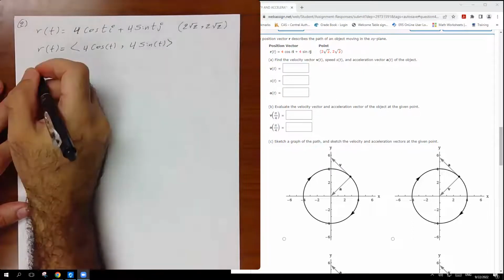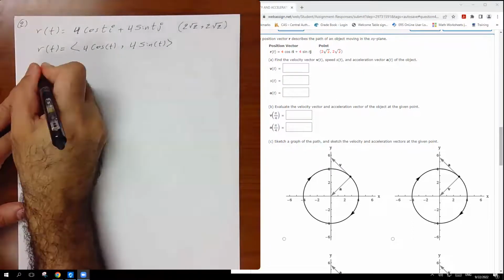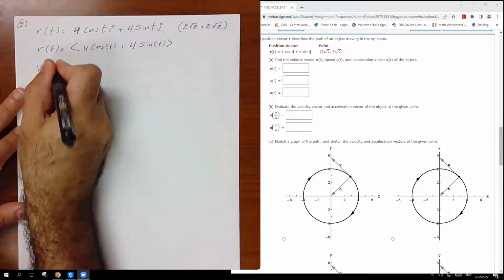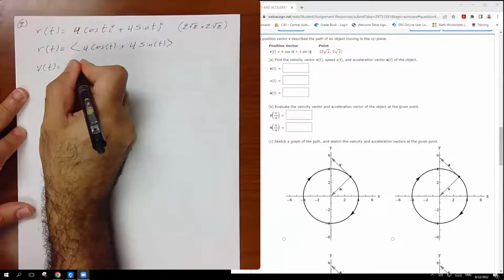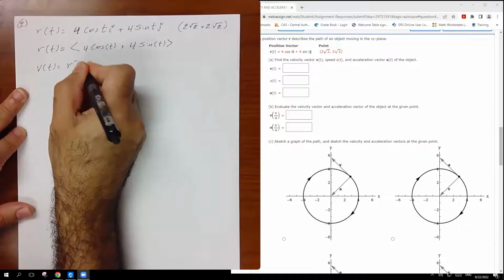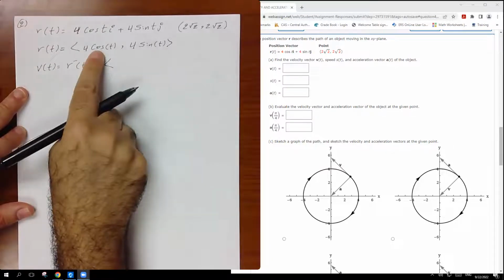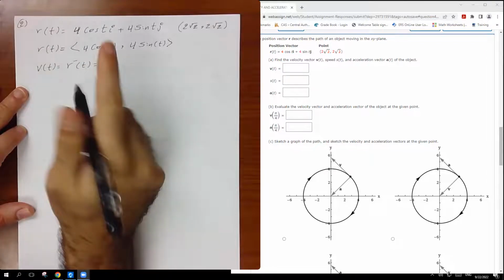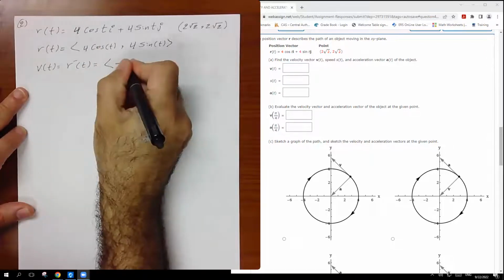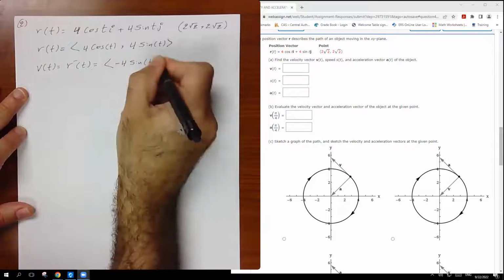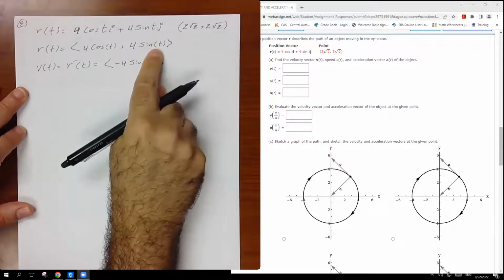Now I need to find the velocity. So the velocity with respect to t is going to be the derivative of r with respect to t. So the derivative for the first one, for the cosine, is going to be negative sine. That means negative 4 sine t. And the derivative for the sine is going to be cosine.